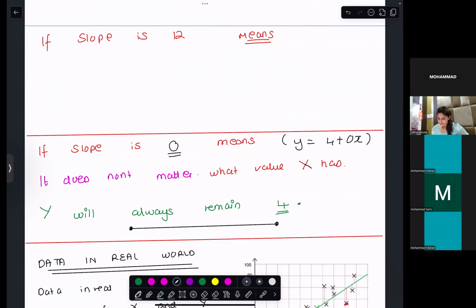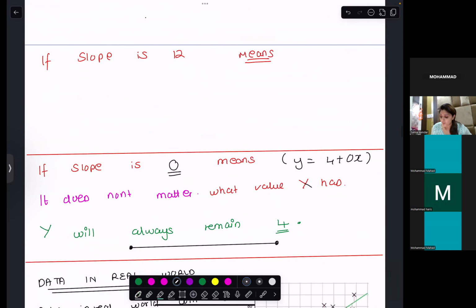In regression, we find y on x. That means for every change in x, y changes so many times. That means we would be given the value of x and I have to find y.